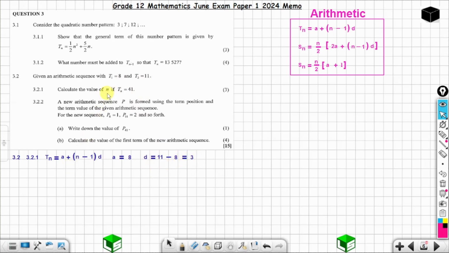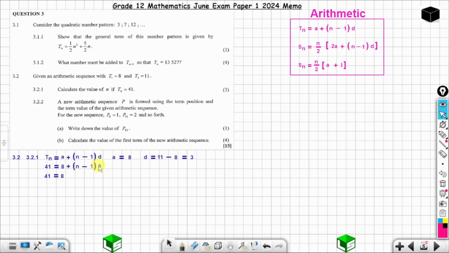Now let's find n. So Tn is equal to 41, which equals A, which is 8, plus in bracket n minus 1, you close your bracket, times d, which is 3. You have 41 is equal to 8.